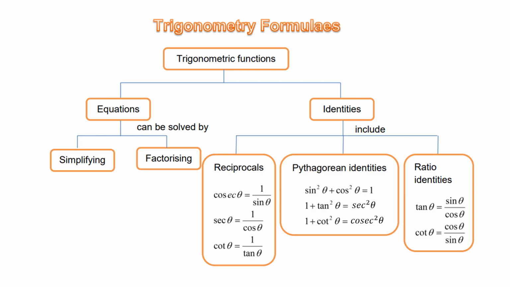To solve trigonometric equations well, we will need to familiarize ourselves with the trigonometric formulas. Trigonometric equations can be solved by simplifying the equations given. Simplifying meaning that we can employ the Pythagorean identities or the reciprocals or the ratio identities.